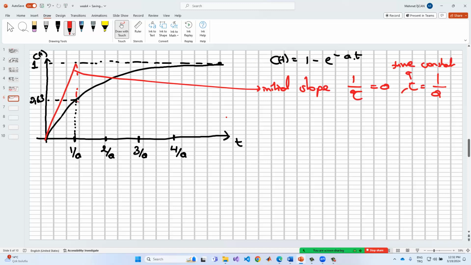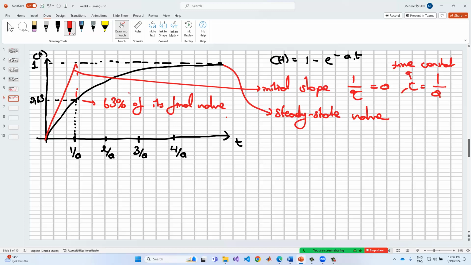And so this value is 63% of its final value, which we call the steady state value. These are the definitions for this system.